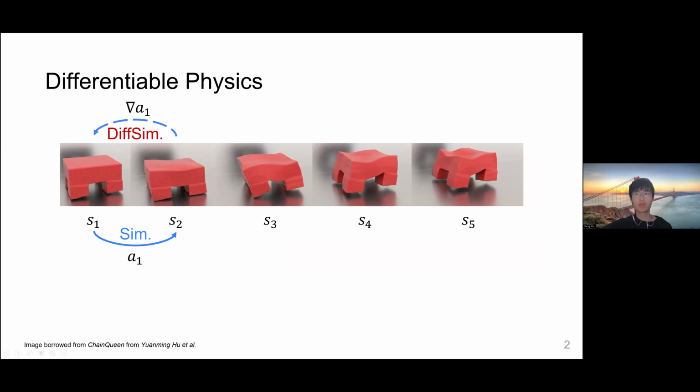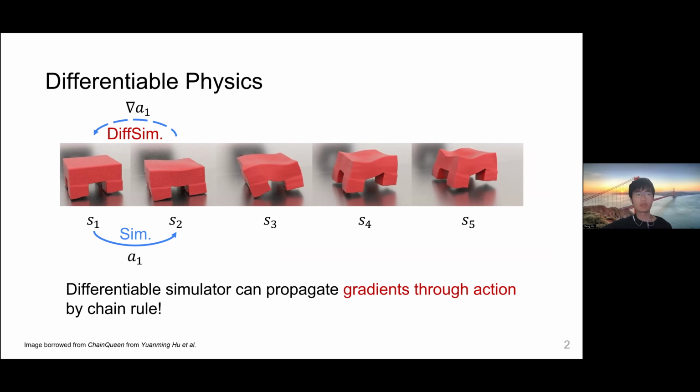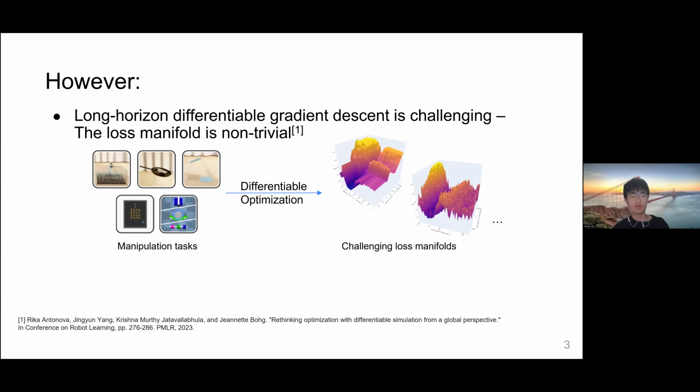We can backpropagate the physical parameters and backpropagate the gradients through our actions to solve this task. However, as previously shown by Rika, long horizon differentiable gradient descent is very challenging, and the loss manifold is highly non-trivial. So we cannot really use it for a very complex deformable manipulation task.